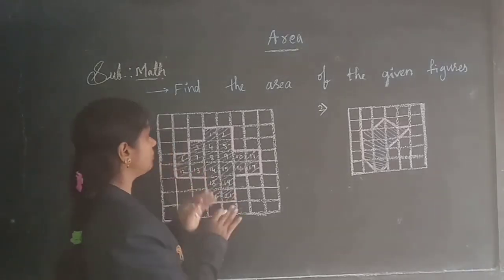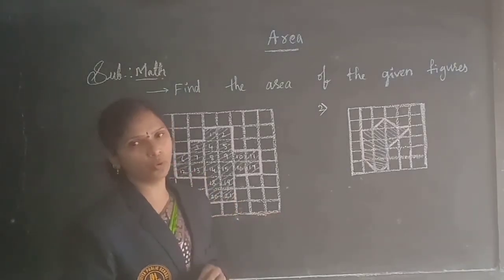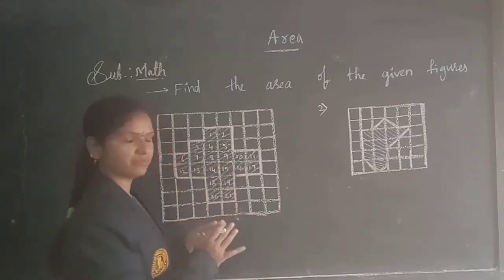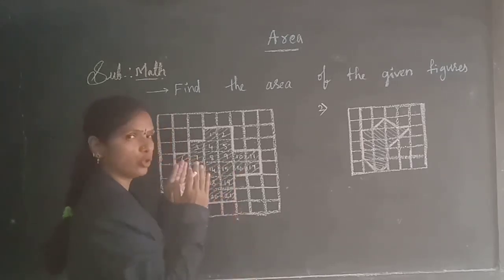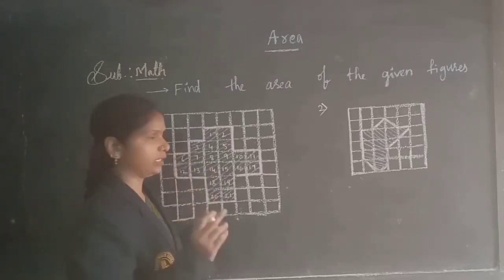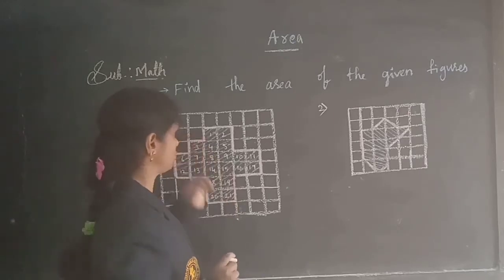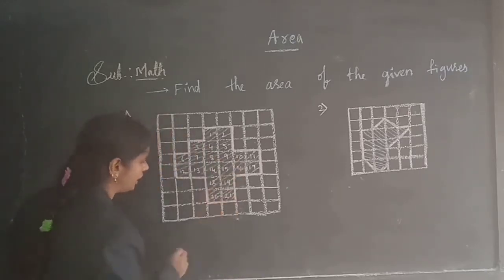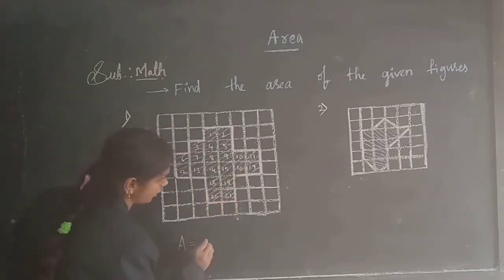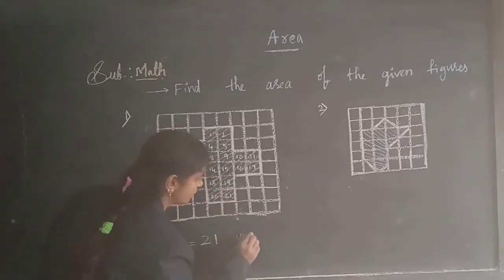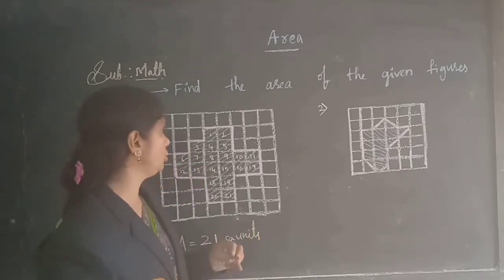In these shapes, there is no half, no more than half and no less than half. Whatever numbers we counted are occupied by full units. So what is the area of this shaded shape on the square sheet? 21 units. The area of the given shape is 21 square units. Square units, you know? Square units.